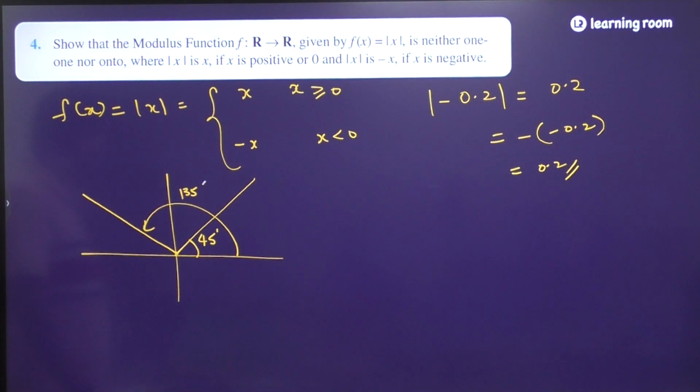So this is a graphical way of proving, where you can say if you draw a horizontal line, it is going to cut the curve at more than 1 point. Then how are we going to prove it using the steps?